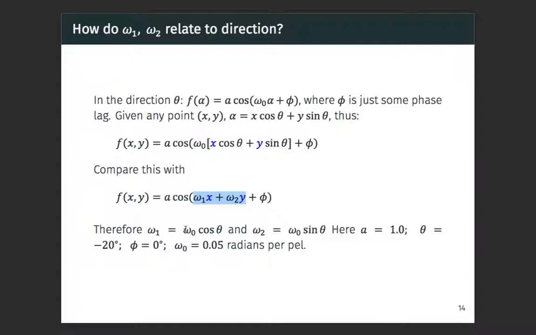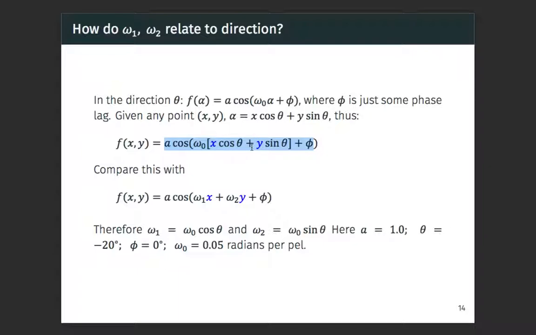You say that omega 1 can be defined as a base frequency omega 0 times cosine theta, and omega 2 as a base frequency omega 0 times sine theta. So this expression can just be replaced with this expression here. All I've done is change the naming of it. Instead of omega 1 and omega 2, we now have omega 0 cos theta and omega 0 sine theta. Think of it as polar coordinates.